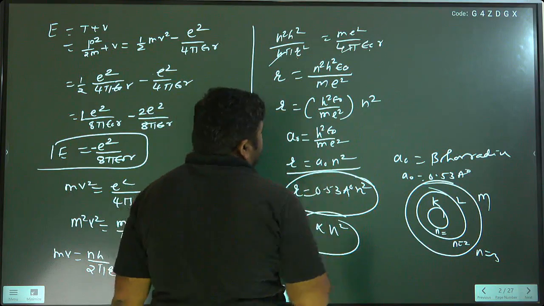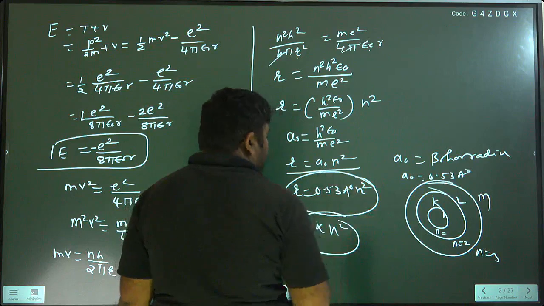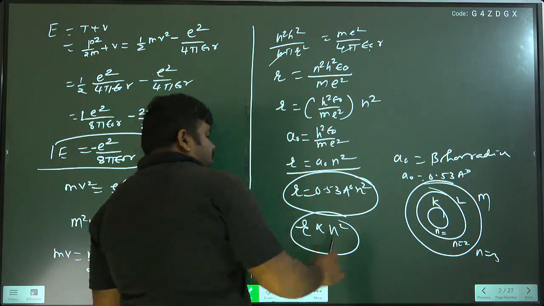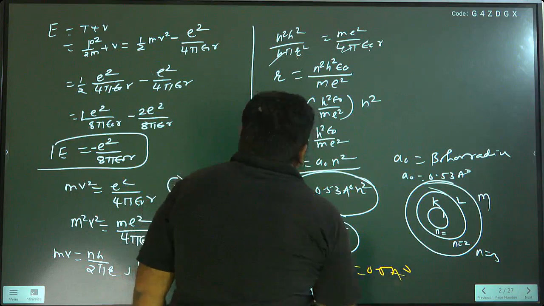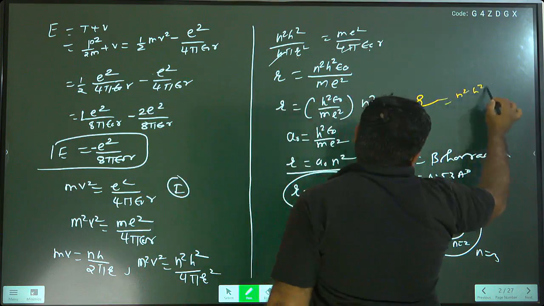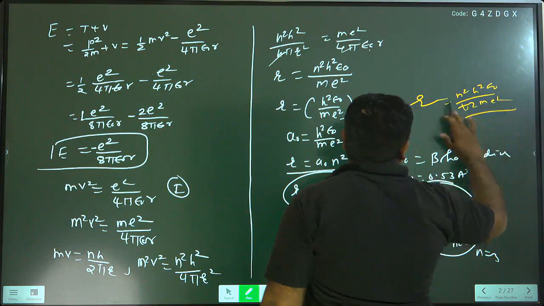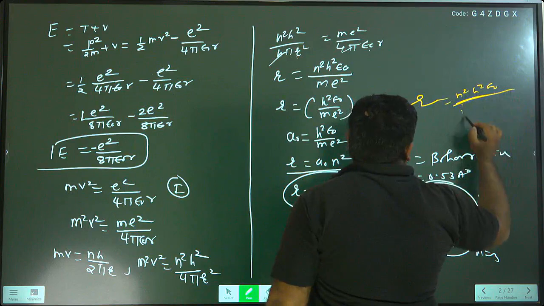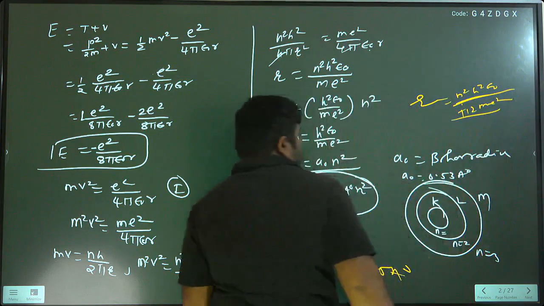Then r is equal to a naught n square, or what is the a naught value? A naught is nothing but 0.53 angstrom, and this a naught is known as Bohr radius, 0.53. So r is equal to n square h square epsilon naught upon pi z m e square होता है. थोड़ा चेक करिए पाई आ रहा है कि नहीं आ रहा है इसमें.